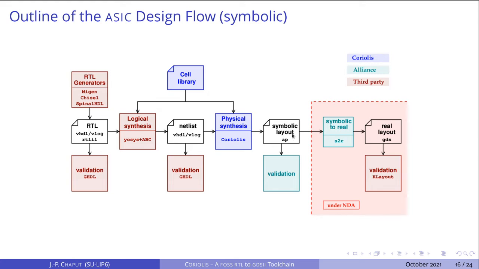But to send it to the foundry, you need to transform it into a real layout by targeting one technological node, which is done with the S2R tool, which contains translation rules, which basically do the scaling, and then you get the GDS. That GDS can also be checked with KLayout or any commercial tool.